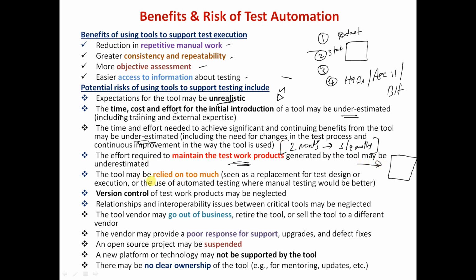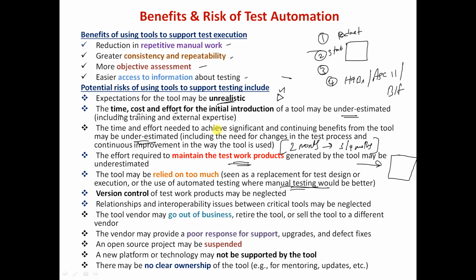Then the tool may be relied on too much. Once it has started, the dependency on automation will become higher, so for everything we'll keep going for automation. Then at a certain point of time, if the tool doesn't exist, the complete manual effort will be a bigger challenge.